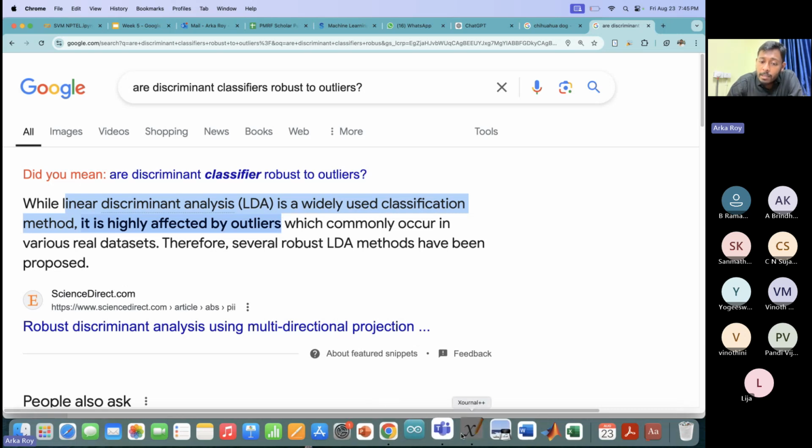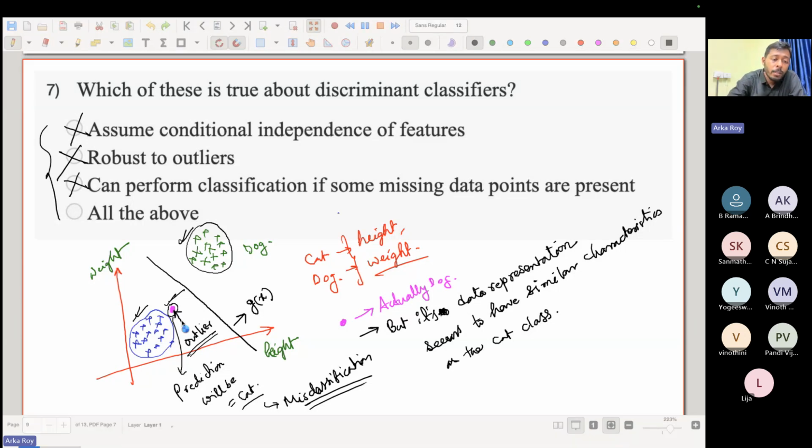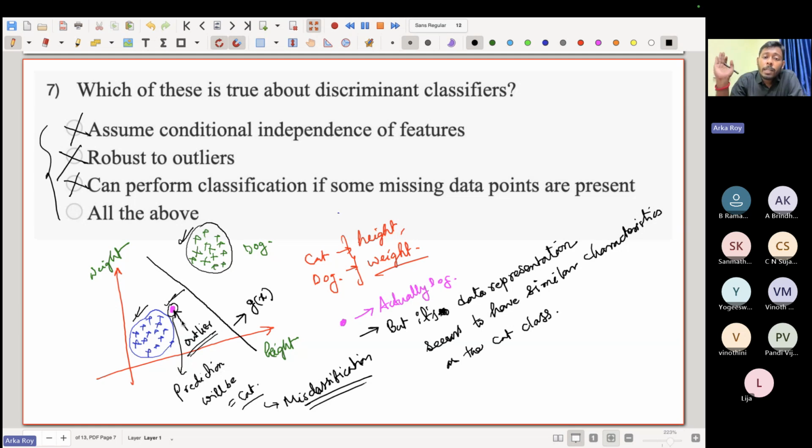This example also shows that when you encounter an outlier, you might do some misclassification. That is the main point I'm trying to make: if you hit outlier points, you cannot guarantee that your classification accuracy will be robust enough to make a good classification using a simple discriminant classifier or LDA based classifier. So by that logic, robust to outliers cannot be the correct answer.